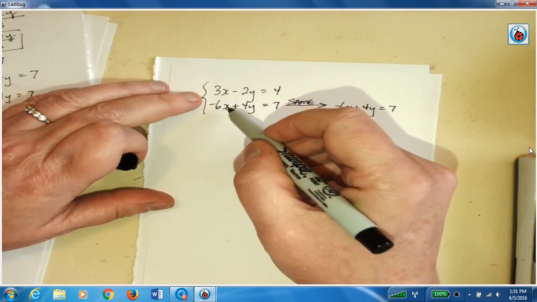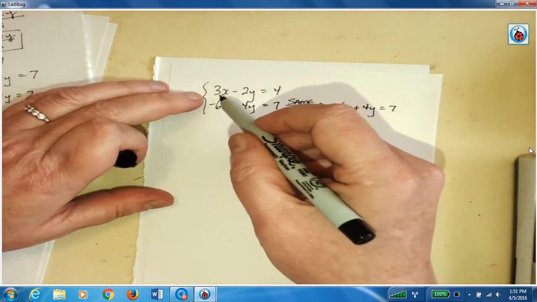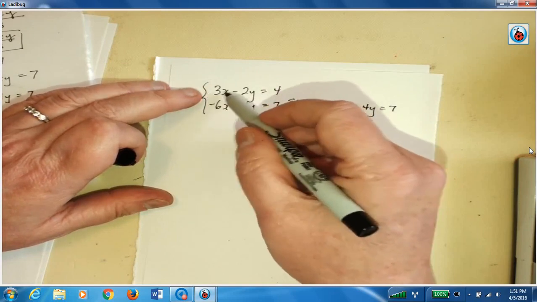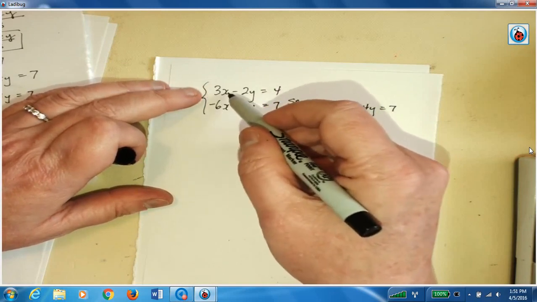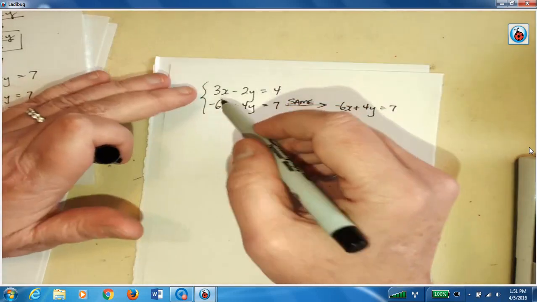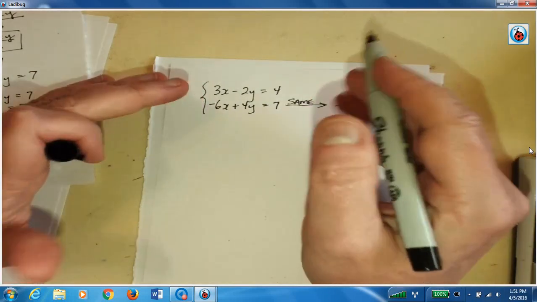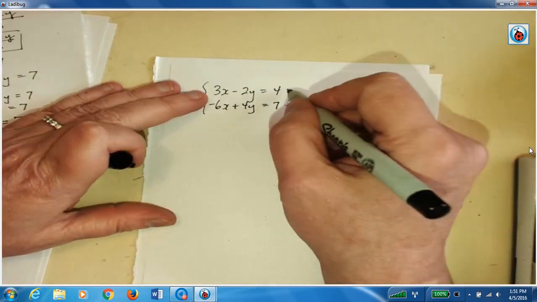Now, if I'm going to add these equations, just looking here, if I multiply this by 2, I'll have 6x. And when I add 6x and negative 6x, they'll cancel. But I have to multiply the entire equation by the same thing in order for nothing to change.